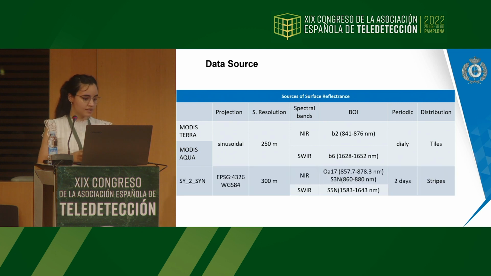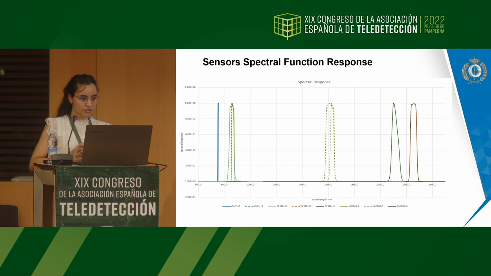So we decided to use Sentinel-2 and Sentinel-3, which are optical sensors that have characteristics closer to MODIS. So we studied the relationship and the overlapping between the bands in different sensors. And if you see here, the near band is overlapping.